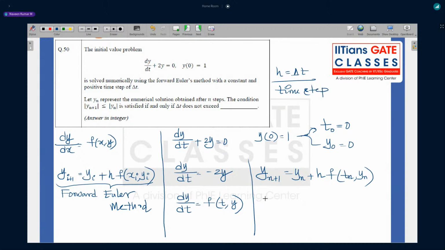So y of n plus 1 is equal to y of n plus dt times the function at nth step. The function is minus 2y, but at nth it is minus 2yn. So y of n plus 1 is yn minus 2 delta t into yn.